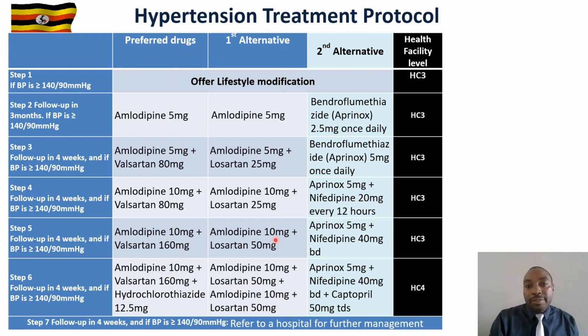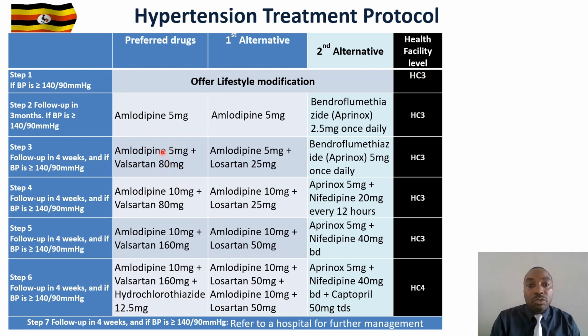These are alternatives, and these are second alternatives. So if someone is not controlled by lifestyle modifications plus amlodipine alone, we introduce valsartan, which is an angiotensin receptor blocker, ARB. So we introduce valsartan 80, amlodipine 5, preferably a fixed dose combination.